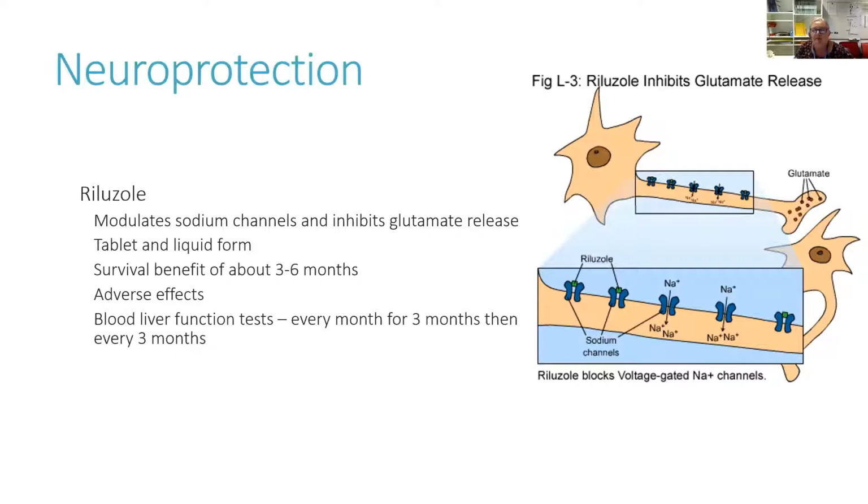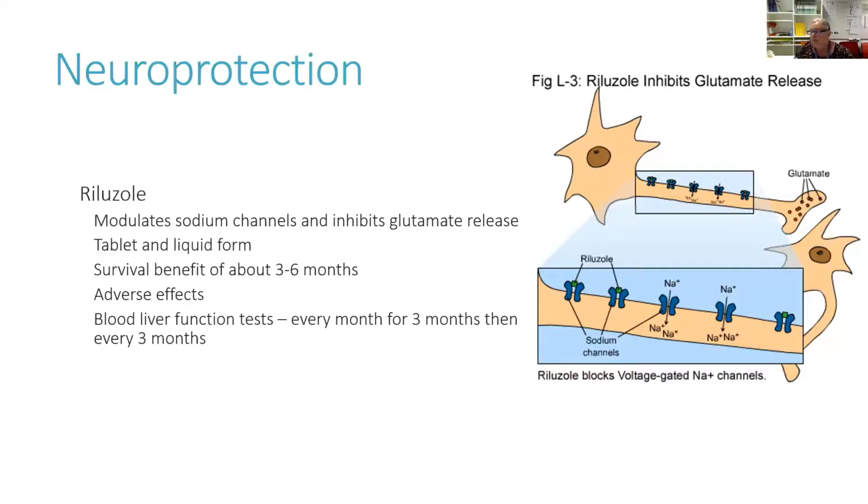This is available in tablet and liquid form. The clinical trials showed that the survival benefit was approximately 3 to 6 months. But they say that it's probably more beneficial in the early years of diagnosis rather than the later years.